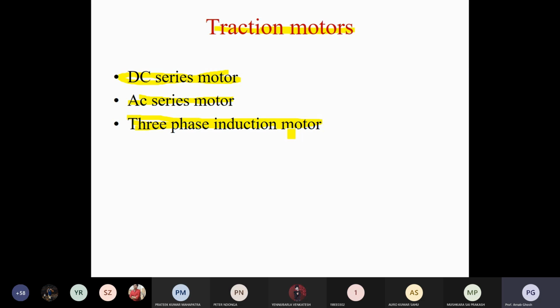BLDC motor, a brushless DC motor, which is an AC synchronous motor. Sometimes we also use the switched reluctance motor.